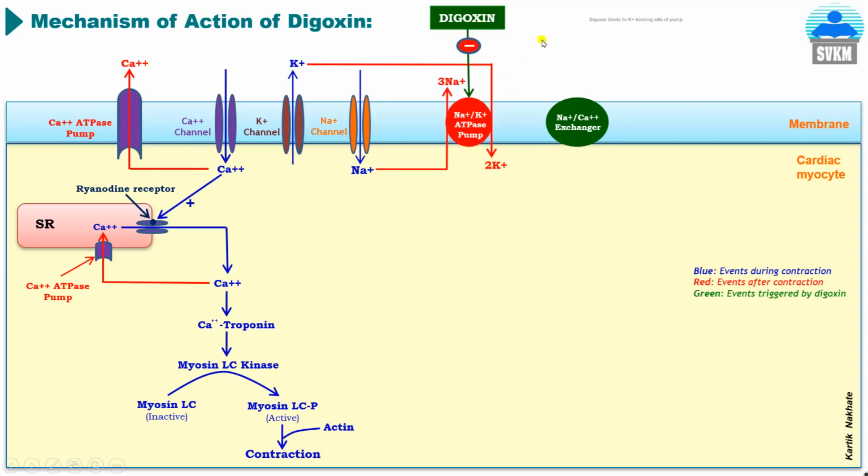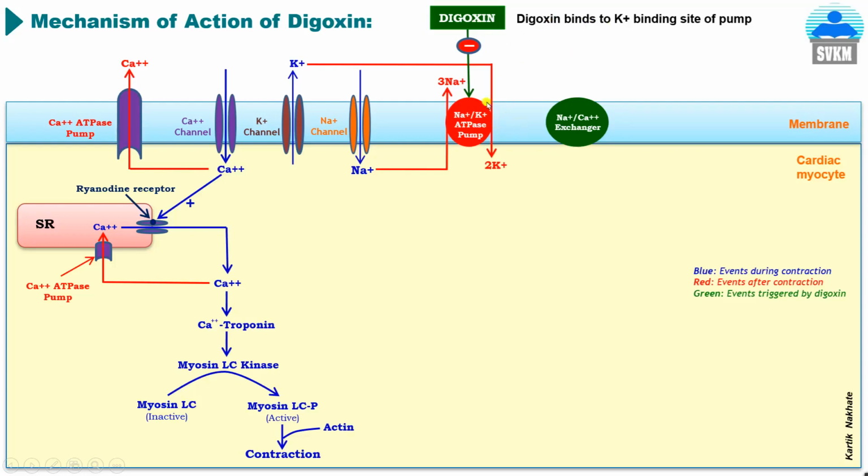Please note that digoxin acts on the potassium binding site of the sodium potassium ATPase pump, and therefore hypokalemia, that is low blood potassium level induced by diuretics, can enhance digoxin toxicity.